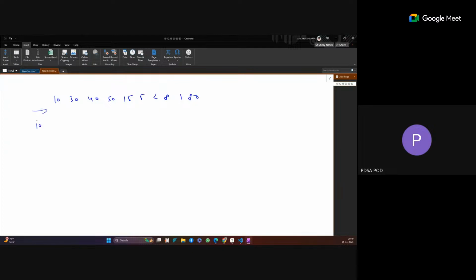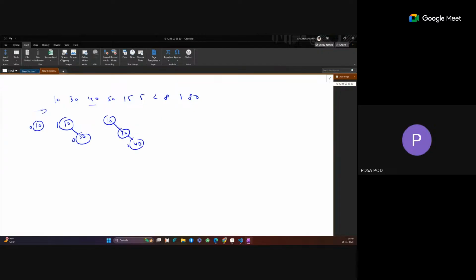So 10, when I'm inserting, is the first node, with 0 balance factor. We will do nothing. Next node 30. 30 is greater than 10, so 30 will be inserted here. This is balanced. Now the next node is 40.